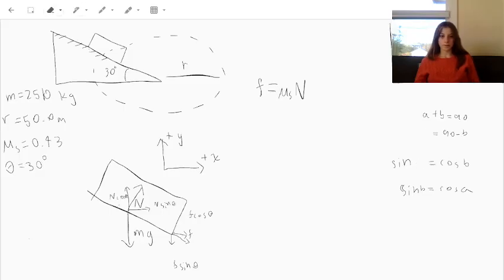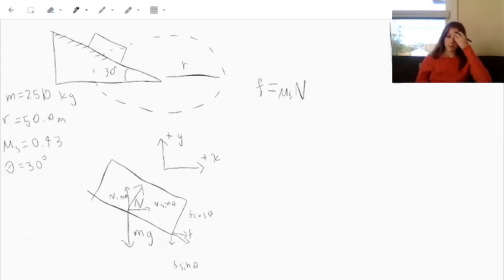Let's clear out some space here. So now that we have our free body diagram and everything's pointed in the directions we want it to be, now we're going to find the sum of forces. This symbol here is saying the addition of all the forces in the y direction.